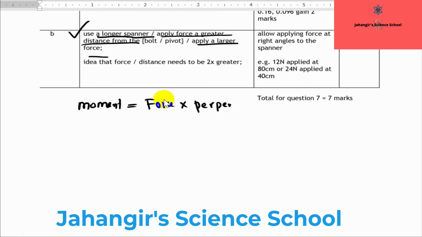Remember, perpendicular distance from the pivot.